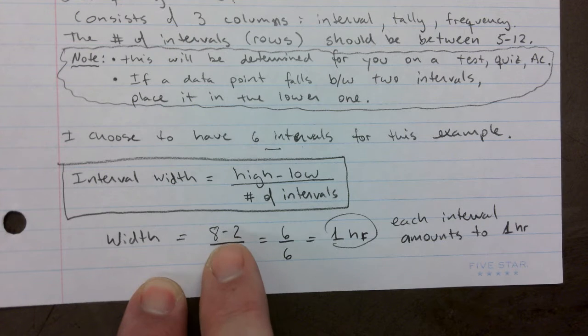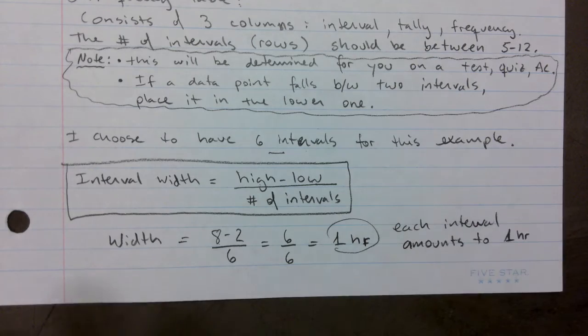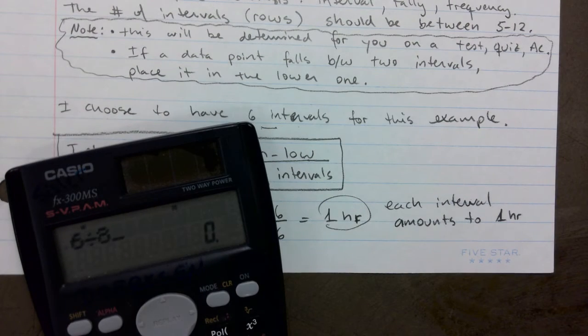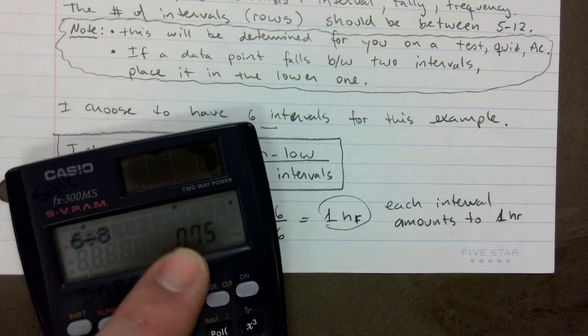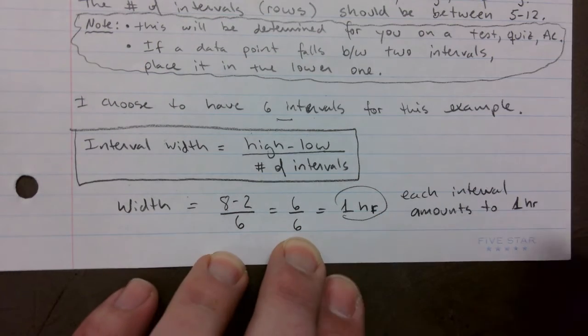You take the highest minus the lowest, which is the range, divide it by the number of columns you want, and go with that. Let's say you had picked 8. Then you would have gone 6 divided by 8, that's 0.75, which is a weird number to go up by, but you can do that. Anyways, this is our interval width.